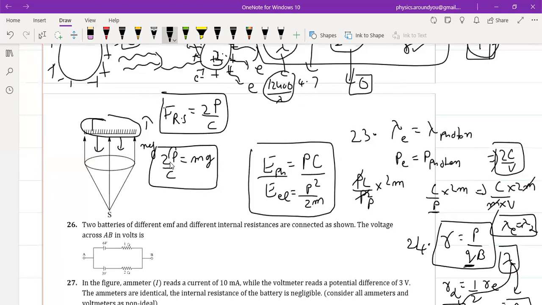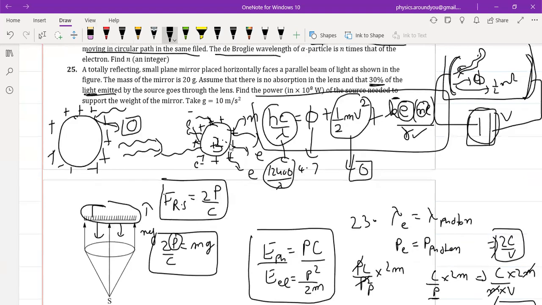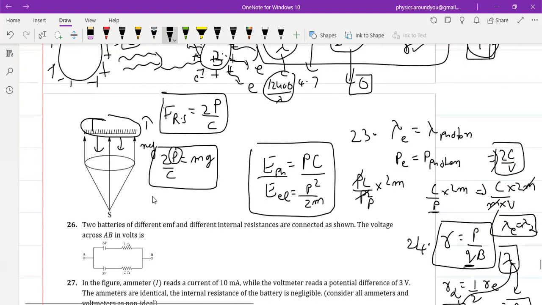So what is the power that is incident on the mirror? Look carefully, it is 30% of the power emitted by the source. So I can write 2 by c, what is the power incident on the mirror? It is 30% of the power of the source, equal to mg. That's it.